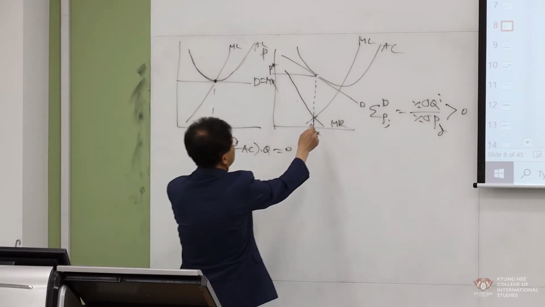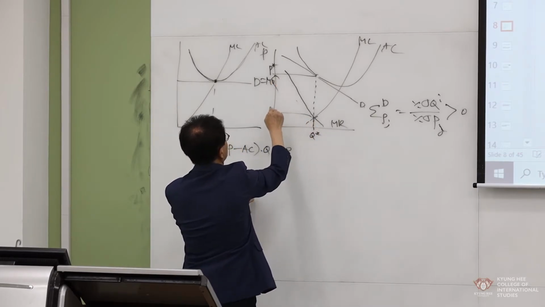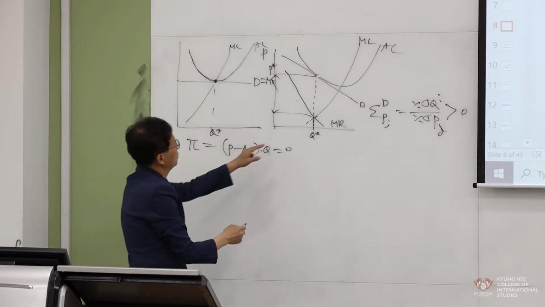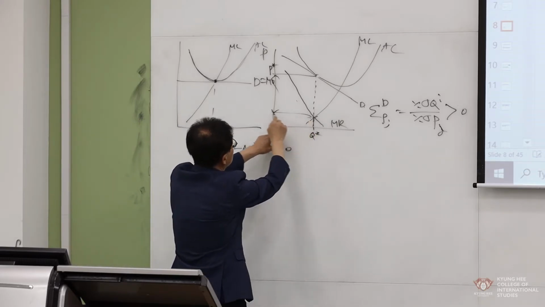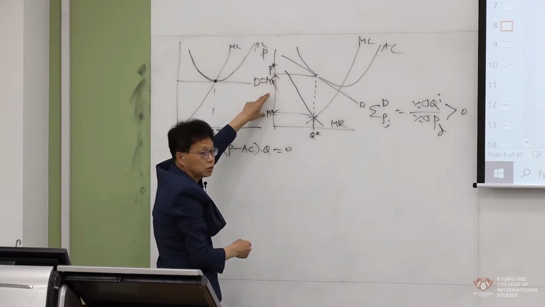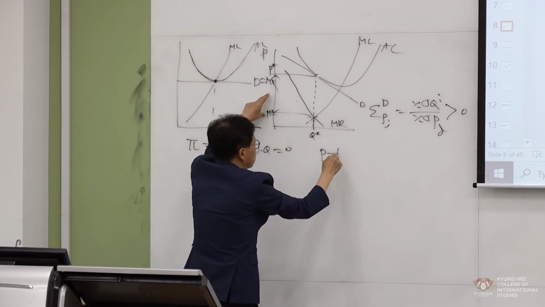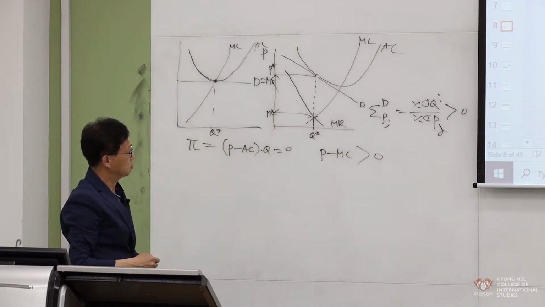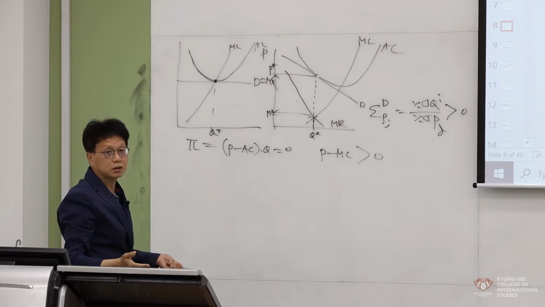Marginal cost is here, so there is a gap between the two, like this, okay? When producing Q star, marginal cost is this one. So price is greater than marginal cost. In other words, the markup over marginal cost is positive.